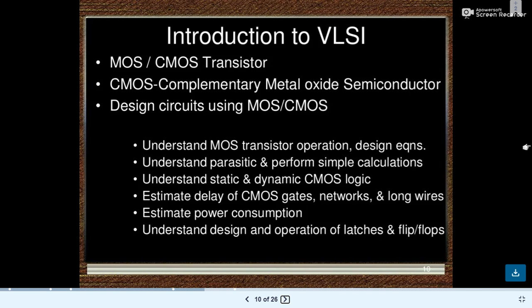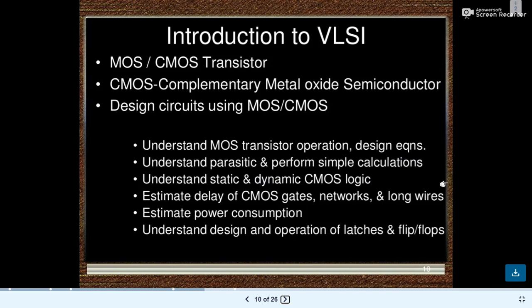So basically the transistors are developed by the technology using MOS and CMOS. In this subject we need to understand MOS transistor operation, its design equation, etc. Understanding parasitics and performing simple calculations.